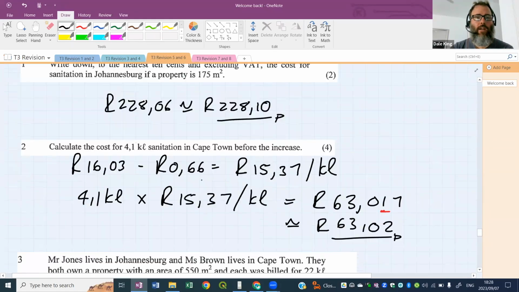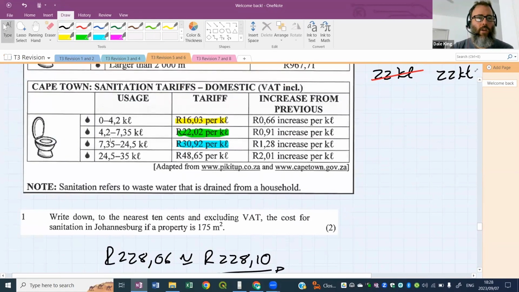The next bracket. Okay. Now, are we going to go through this bracket into the third one? Oh, yes, yes, yes, sure. We will. All right. So we got to know how much is in this third bracket here. How much water, because we're going to go all the way through there, but how much is in there? It's 4.2 up to 7.35.